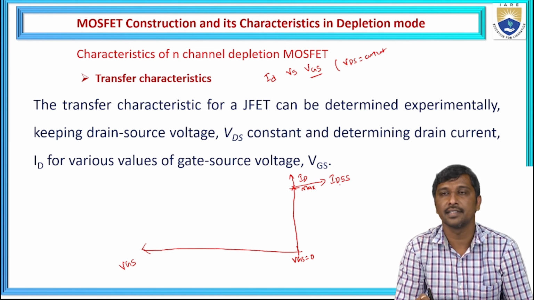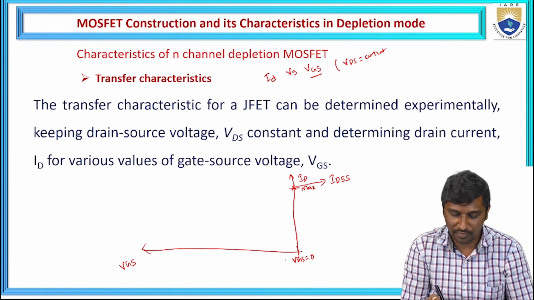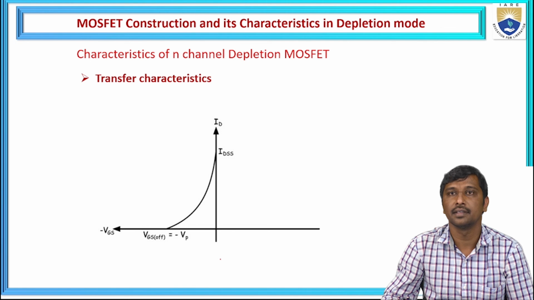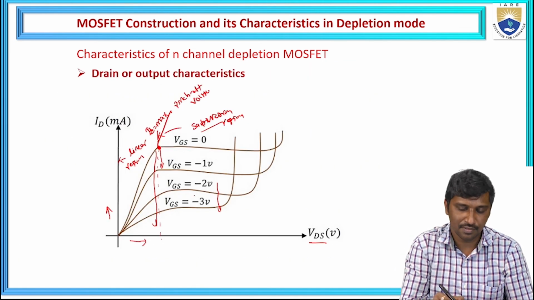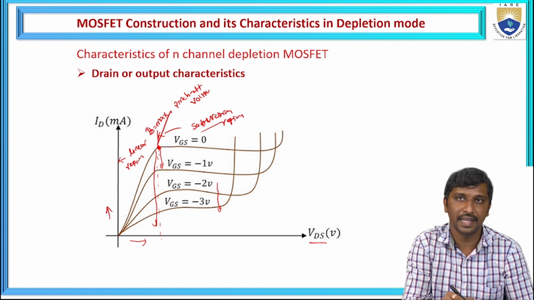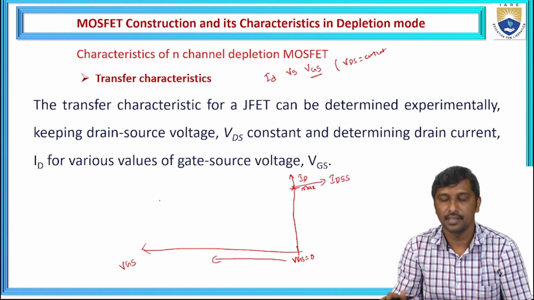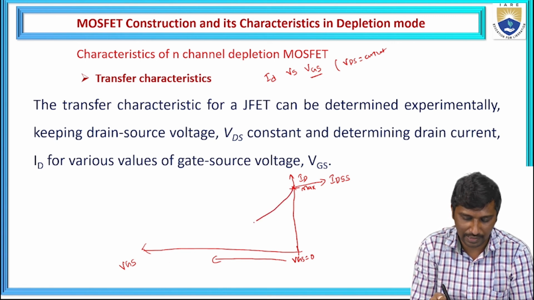The saturation current is nothing but the maximum, and it becomes constant. If VGS is decreased from 0, we observe that the drain current also decreases.